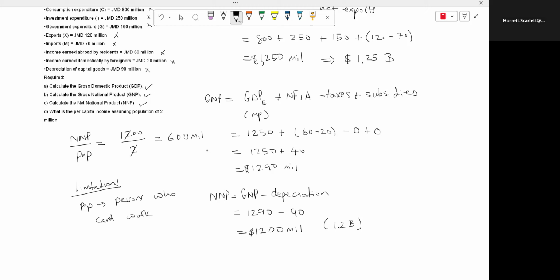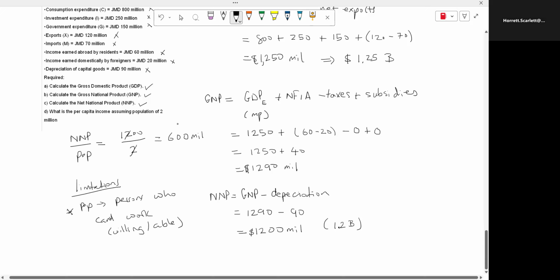And we also have some persons who are not willing to work. So this concept of willing and able, the population is going to capture some of those persons who are not actually in the workforce. Therefore, it's not everybody who is contributing 600 million. And that's one of the limitations when we talk about using national statistics.